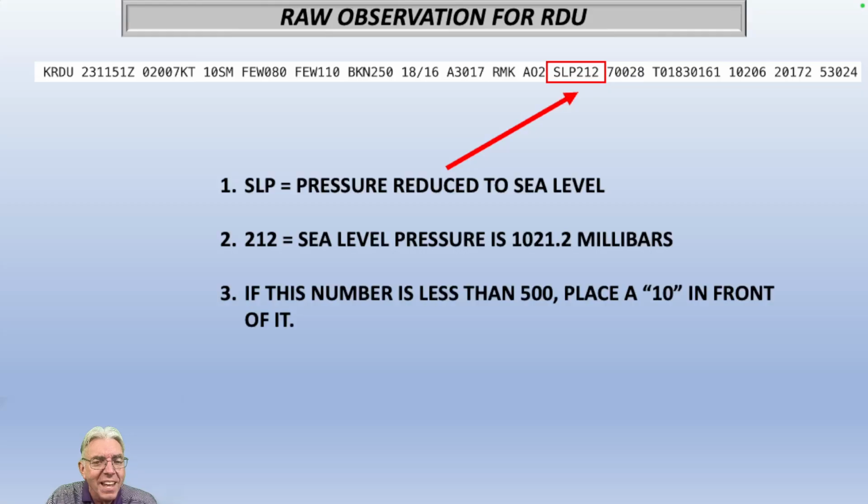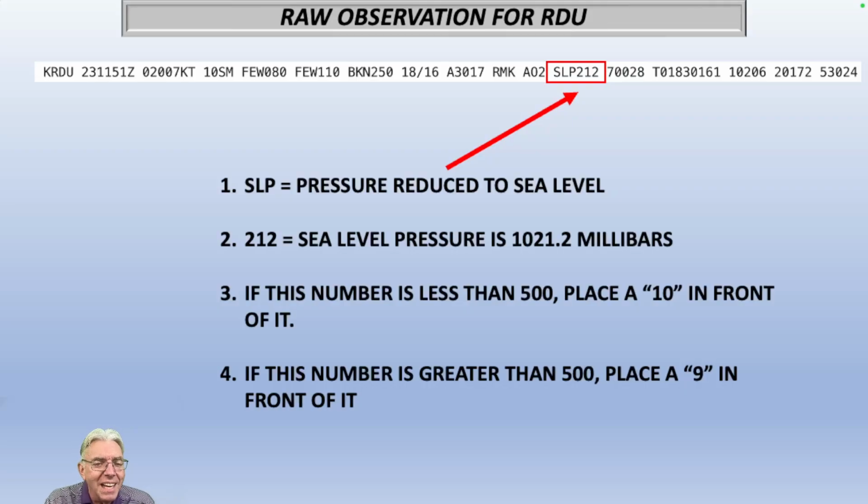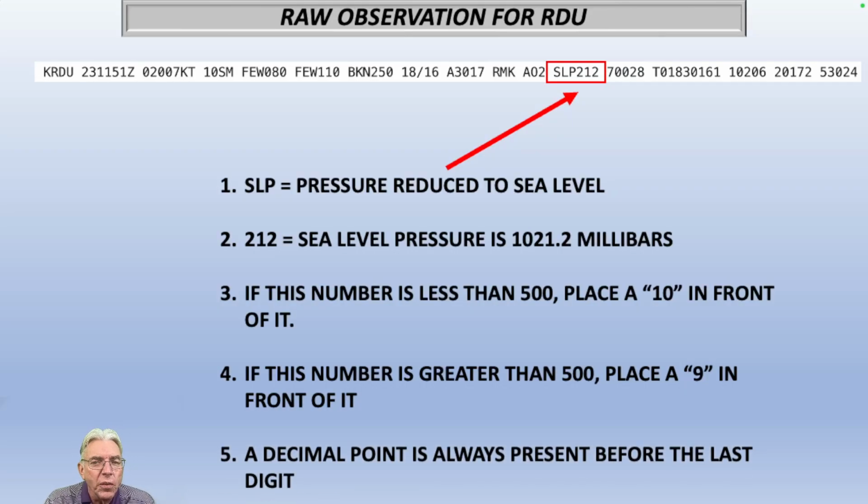Now, I don't know who came up with this, I'm just passing it along. If this number, the 212, is less than 500, you put a 10 in front of it. If it's more than 500, you put a 9 in front of it, and you always put a decimal point before the last digit.